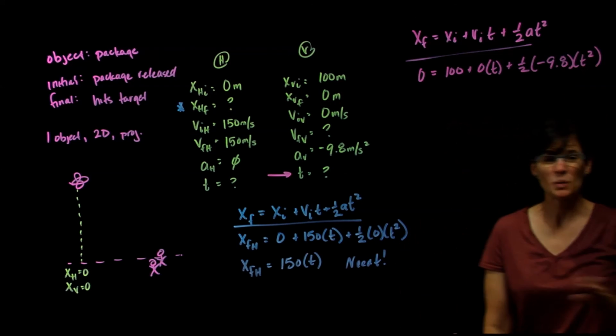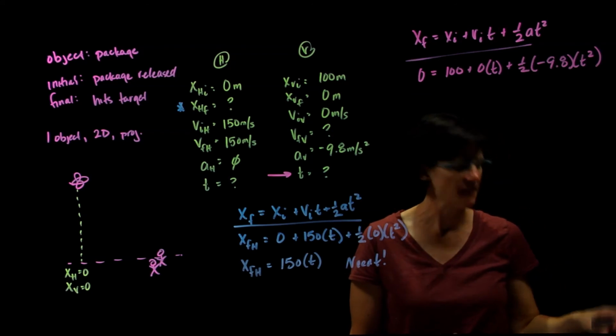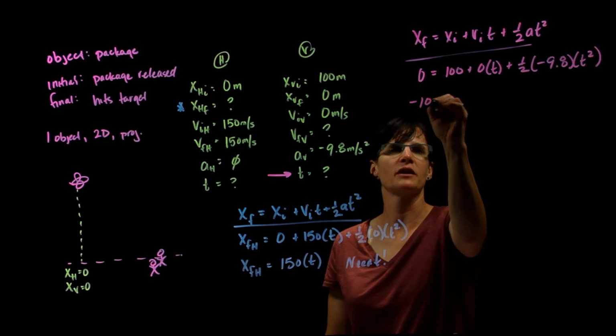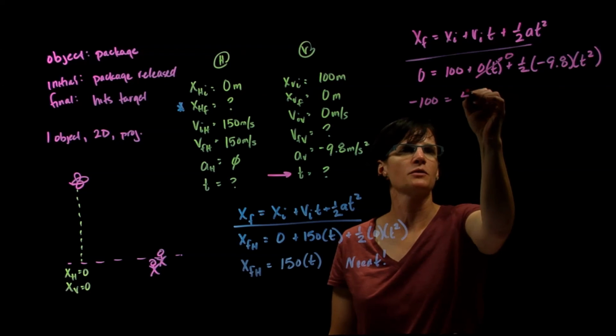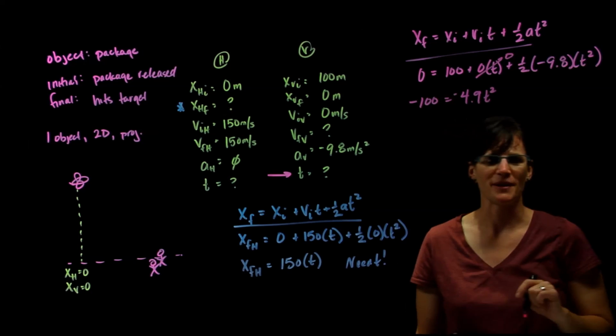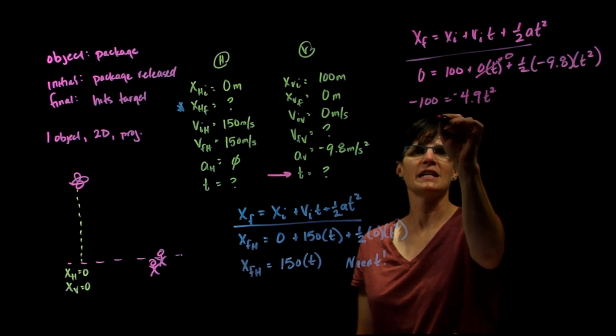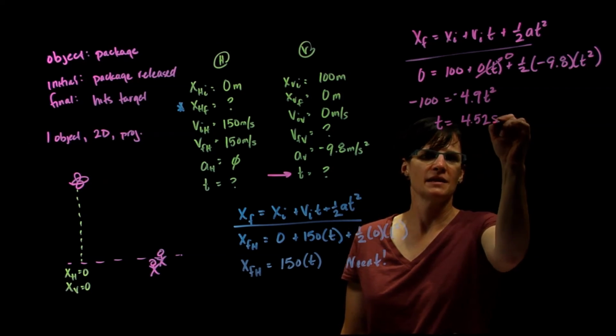So now t is the only thing in my relationship, so I can solve for it. And I find that negative 100, bringing the 100 over, this term goes away, equals negative 4.9 t squared, 1/2 of 9.8. And solving for t, I get 4.52 seconds.